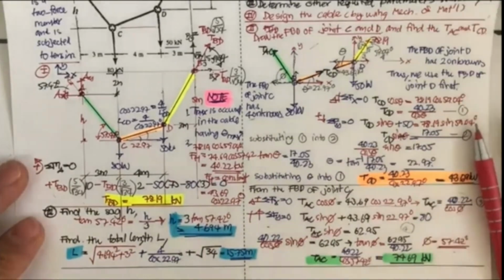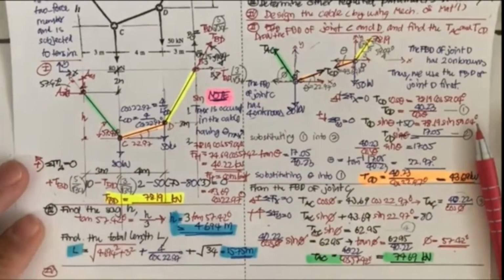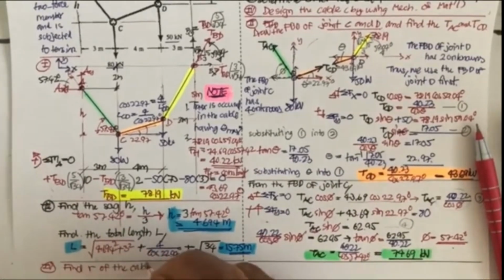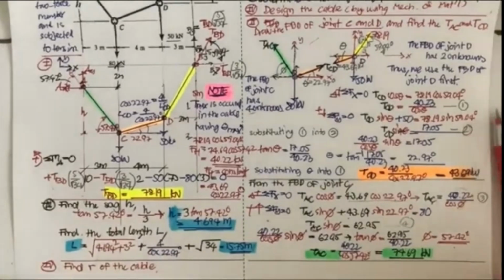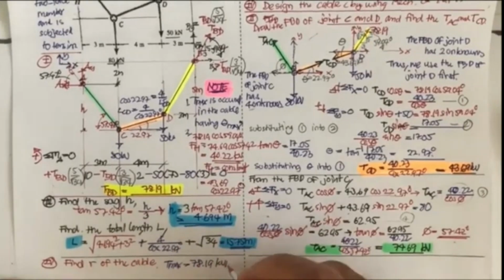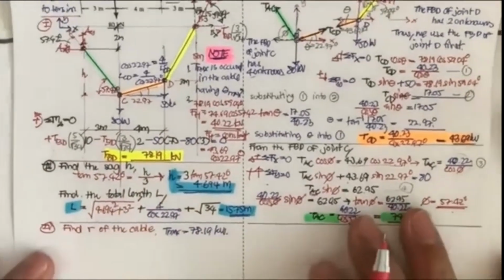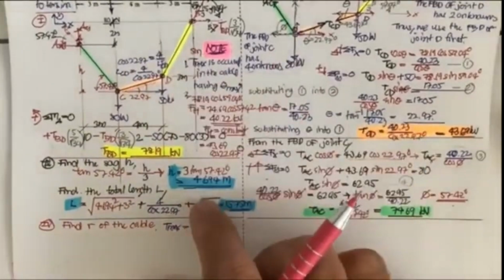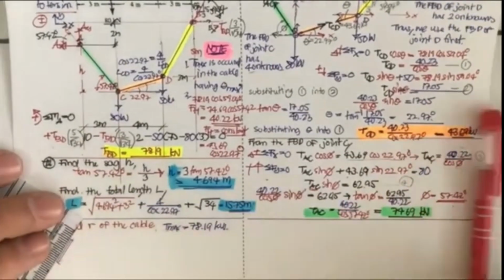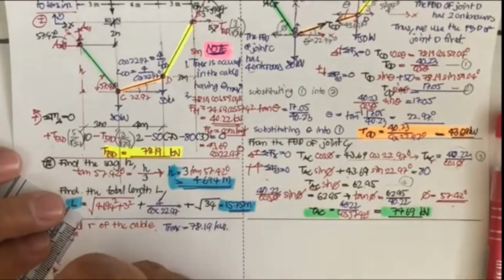Next, we find the radius of the cable based on Tmax of 78.19 kilonewton. By doing this, the yellow cable will be subjected to the force on both ends.